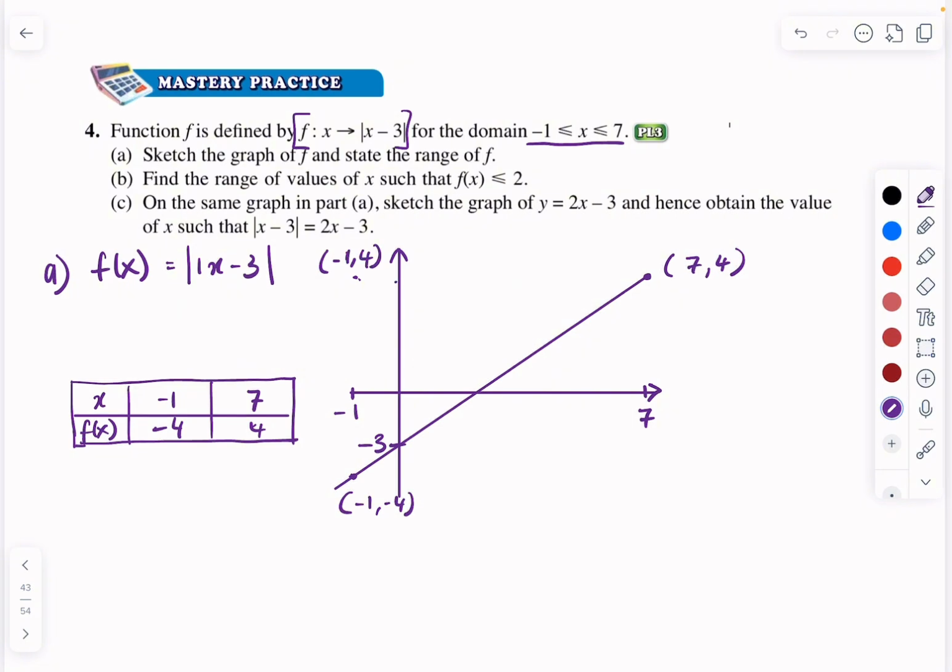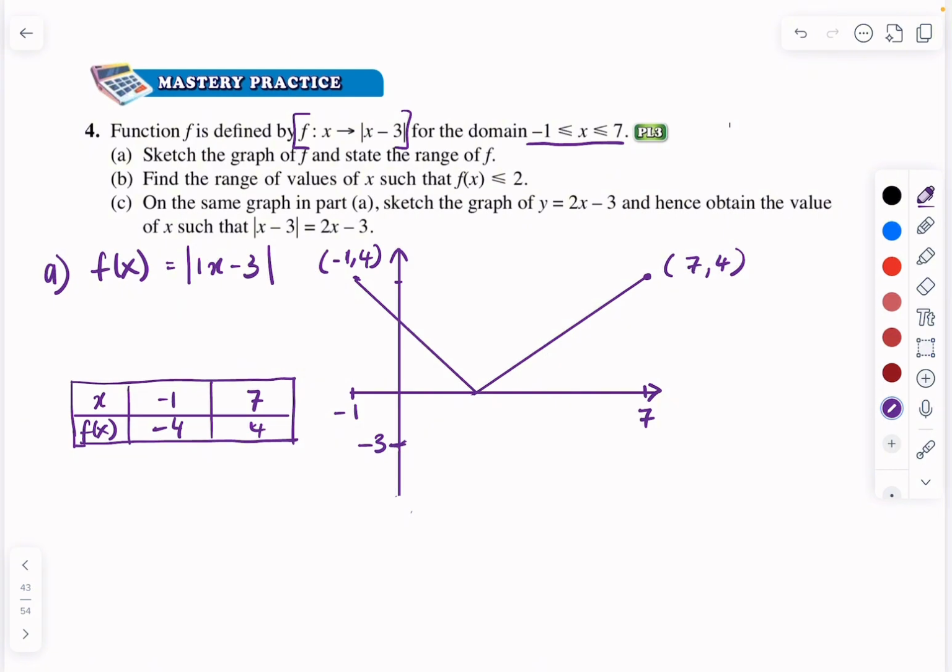The graph will be like this. And then this one you can erase. There won't be this point anymore. So this is our modulus graph.